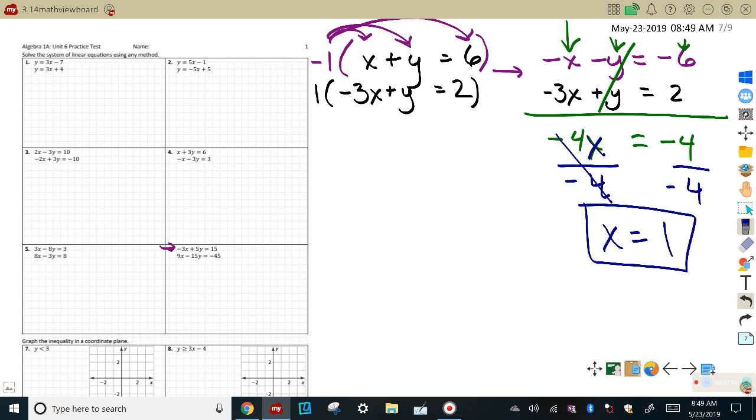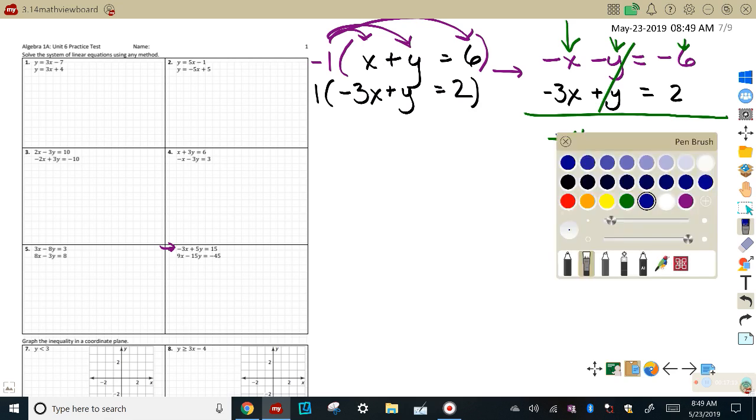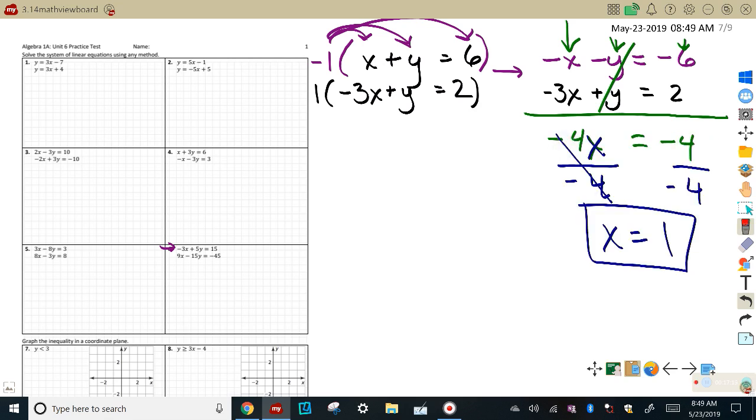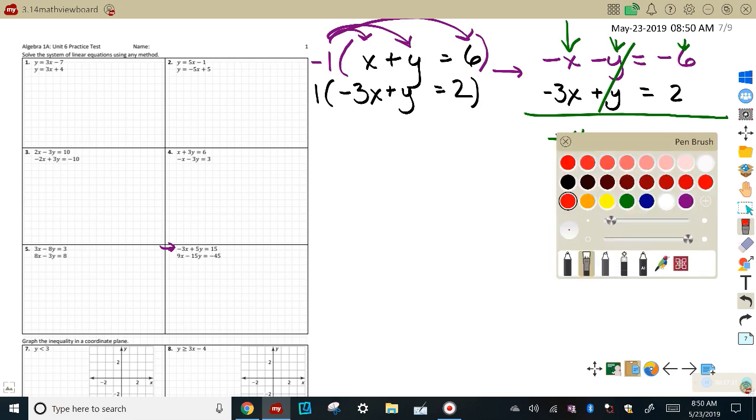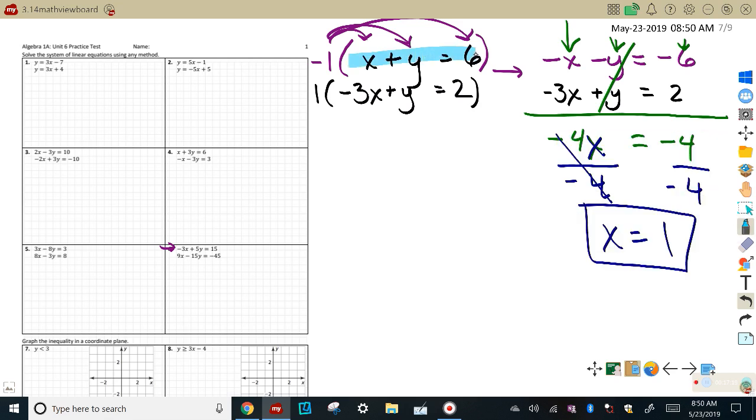That's only halfway there, though, because what else do I have to figure out? We have to figure out y, right? So all I do is take either one of those equations. Let's say I just use this one right here, and I'm going to rewrite it down below.